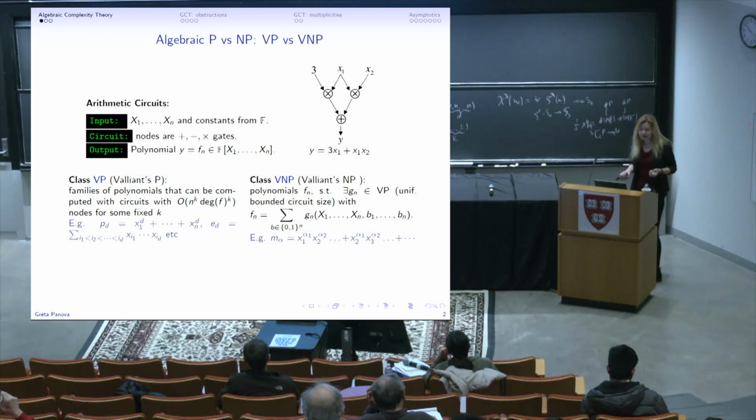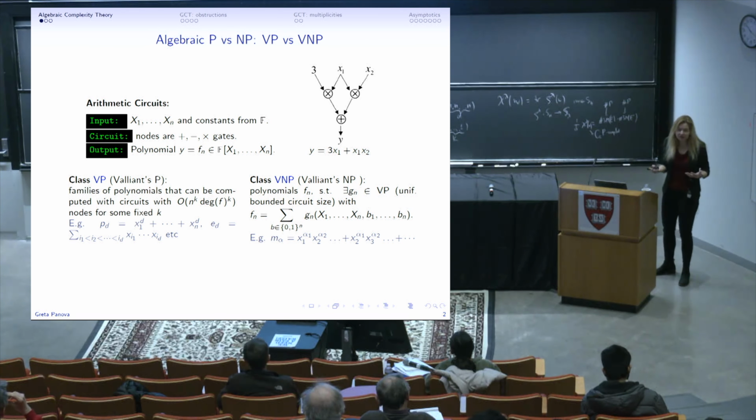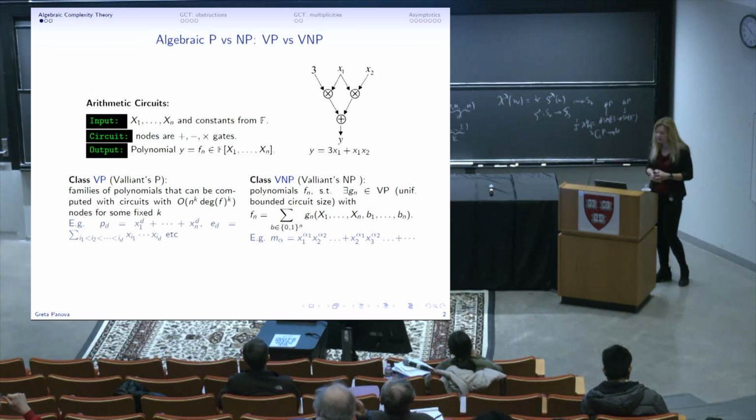And then there is the class VNP, Valiant's NP. This actually very much resembles the Sharp P class that I talked about.